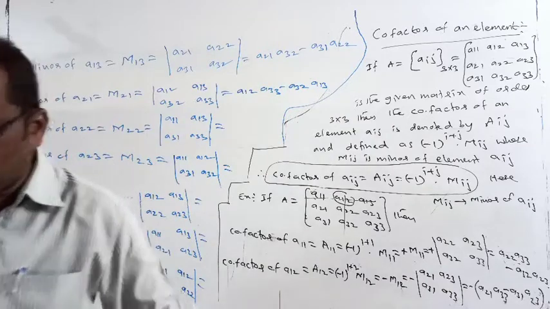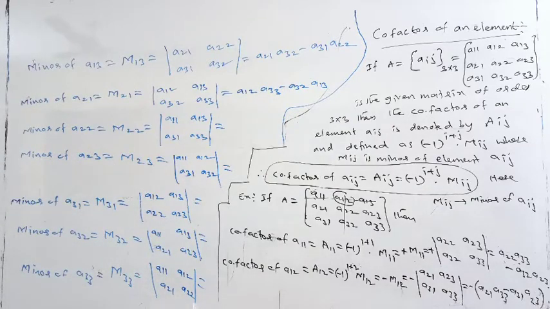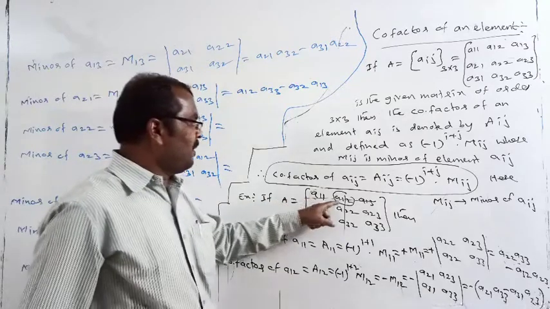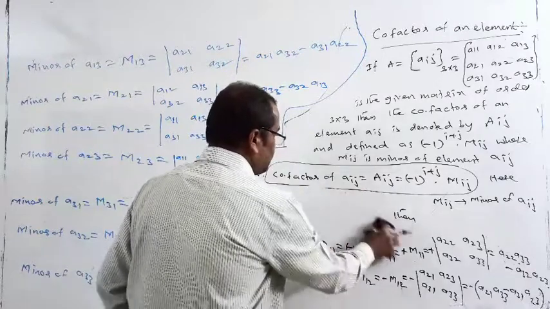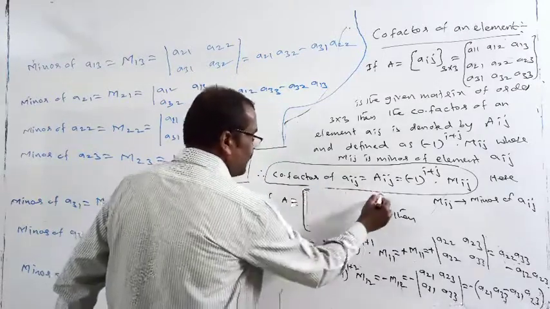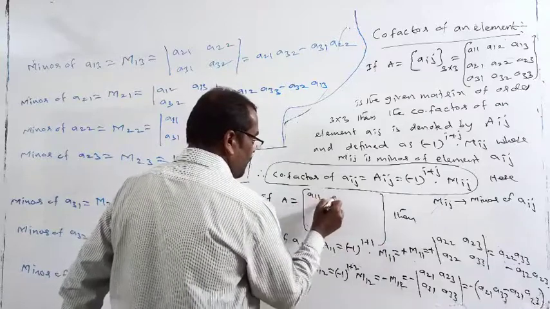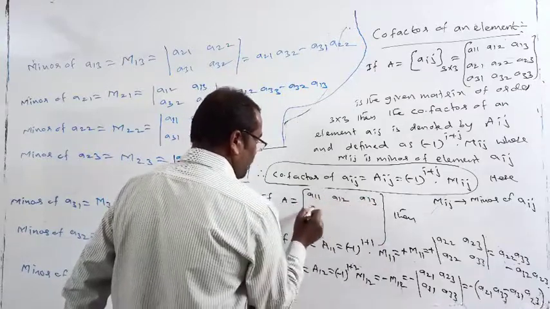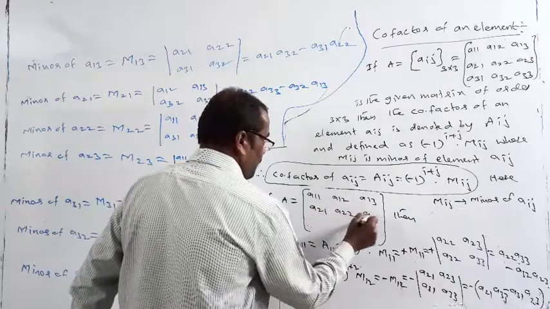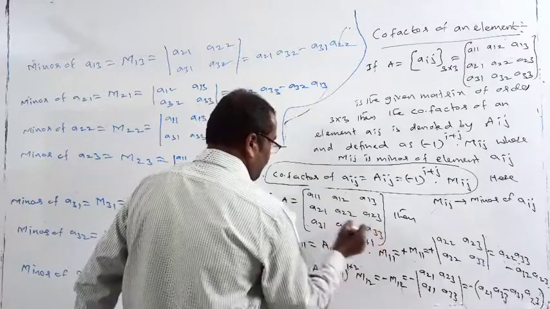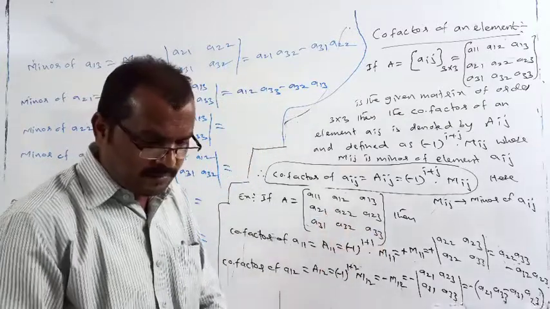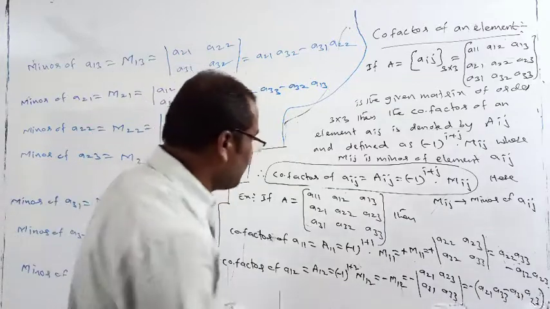You can write the remaining 7 cofactors now. And alternate plus and minus comes. So it will be plus, minus and plus. Like that one. Alternate plus minus sign.